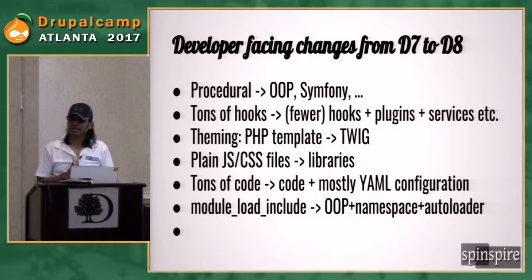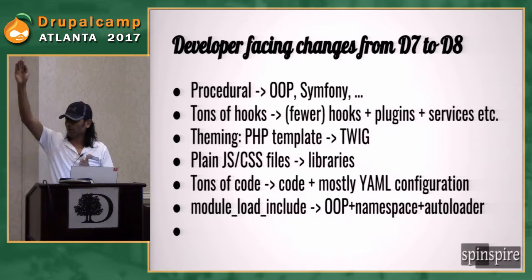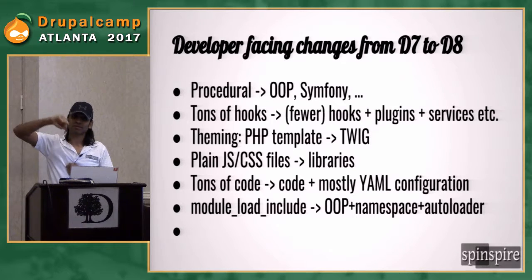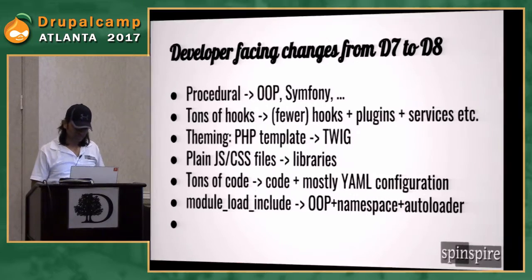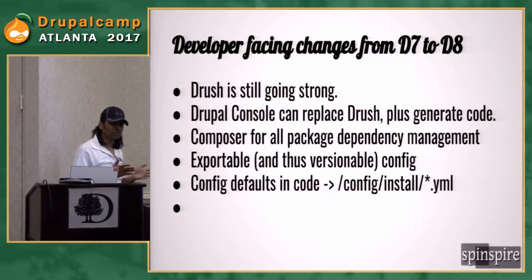The autoloader will find your class. It will also find it within whatever particular module your code lives in, so the Drupal autoloader is pretty intelligent. It finds your module, it finds the code within the module, so that's good. So these are the things that change your life as a developer, but I think it makes your life easier.